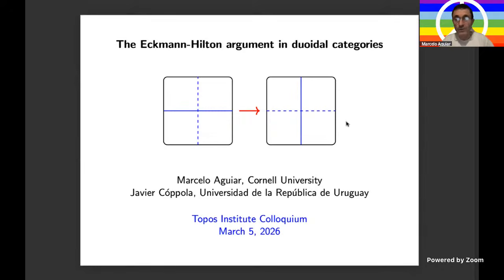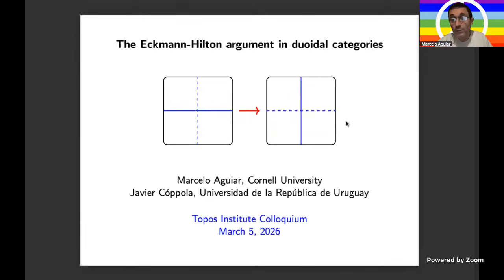Excellent. All right. So what I'll tell you about mainly is an introduction to duoidal categories. Hopefully that's useful for some of you at least. There is an application at the end we may get to if we have time. If we don't, the slides will be available and there will be things there to complement what I managed to say during the talk.